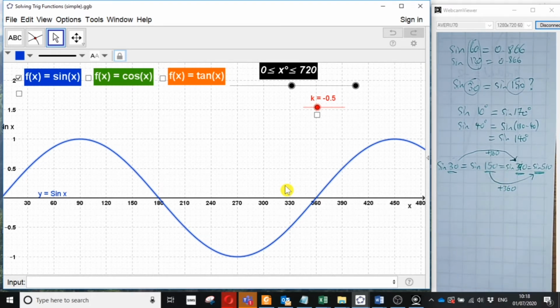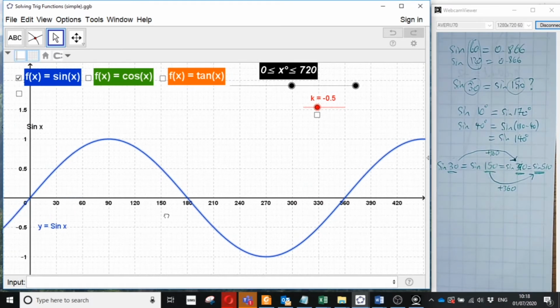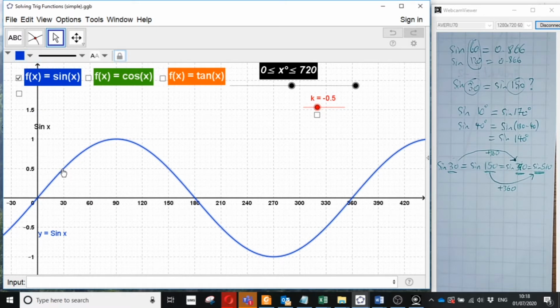Add 360. And hopefully, boys, that will make sense with the graph, because this bit on the graph here is very similar to this bit on the graph here. It's the same upward sweep of the curve. Okay, and the curve repeats itself every 360 degrees.